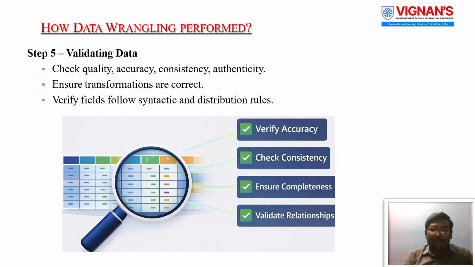Verify the fields and distribution rules. Before data gives an outcome, the model has to be validated many times. From the training phase to the testing phase, validation plays a major role. Check whether the data is correct or not by using some evaluation metrics. This is the fifth step of data wrangling.